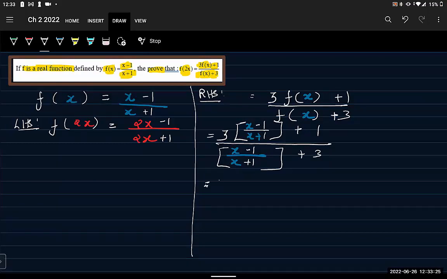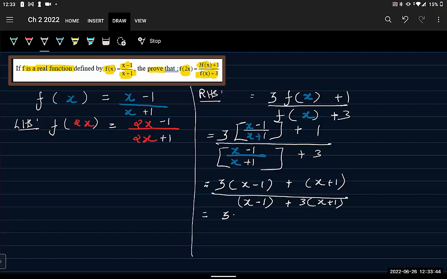Now taking the LCM, we can say this is 3 times of x minus 1 plus x plus 1 upon, in denominator also we can take the LCM, which will become x minus 1 plus 3 times of x plus 1. We can expand the bracket and we can write this as 3x minus 3 plus x plus 1 upon x minus 1 plus 3x plus 3.